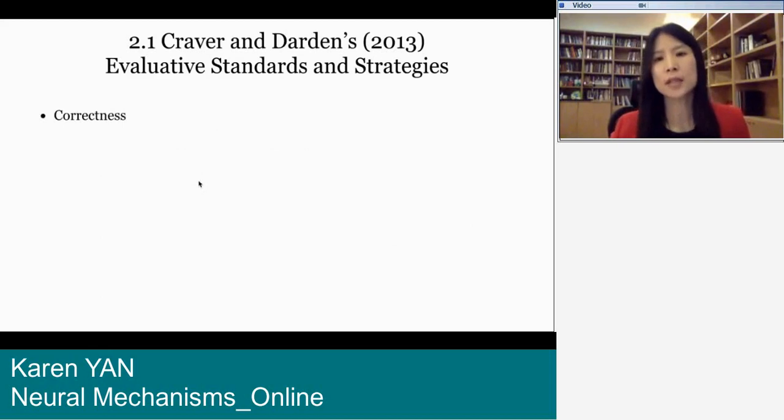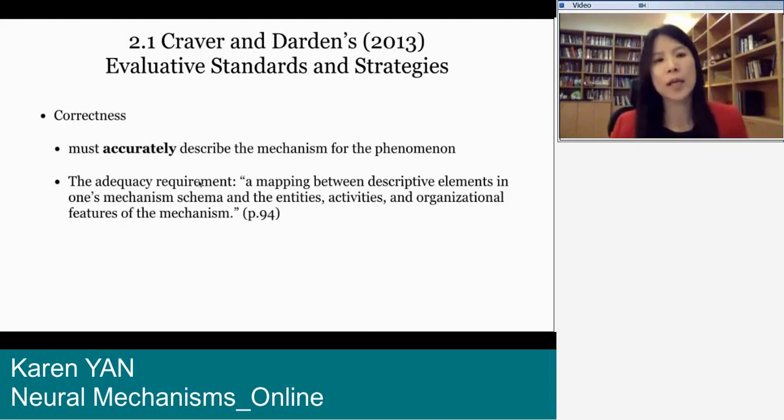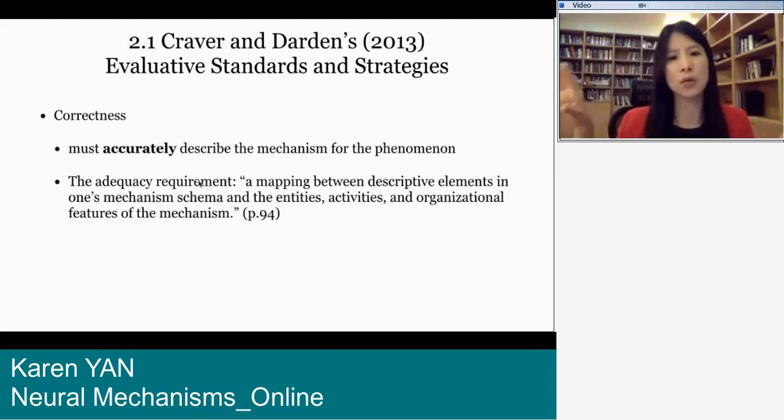The third standard they propose is correctness. It requires that a causal representation must accurately describe the mechanism for the phenomenon. And the adequacy requirement they use involves some kind of mapping relation between the descriptive elements in one's causal representation and the entities, activities, and organizational features of the target system or mechanism.